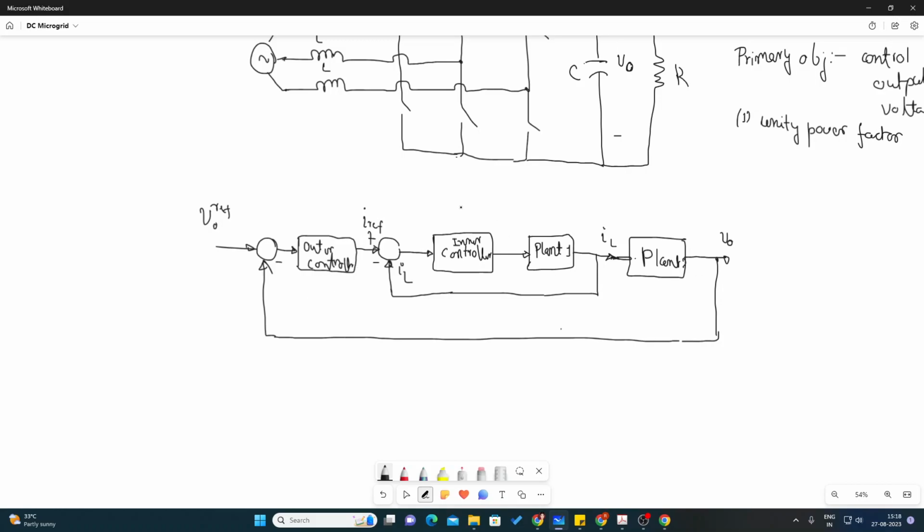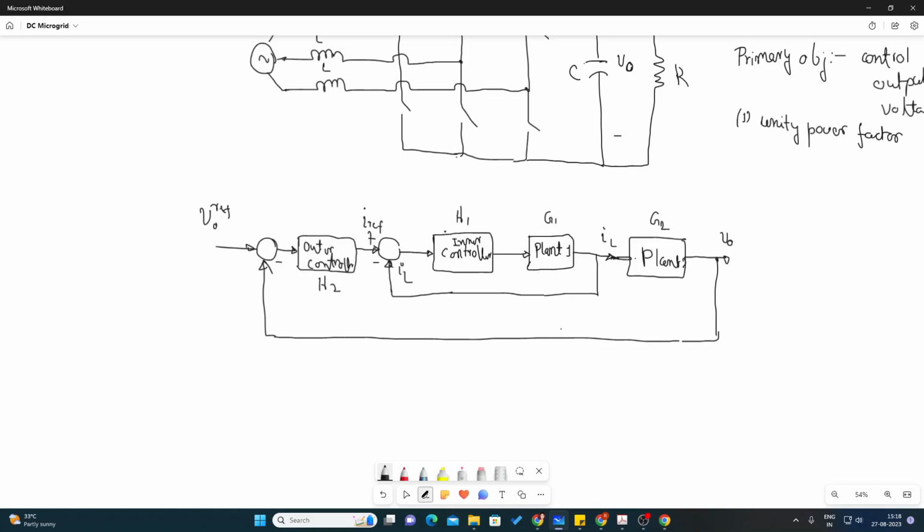Let's name them: this is H1, this is G1, this is G2, this is H2. G1 and G2 are obtained from the dynamics of the plant. H1 and H2 you need to design, right?